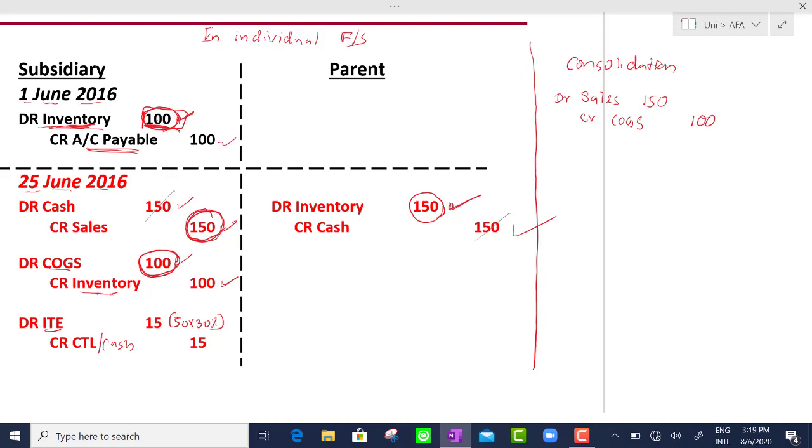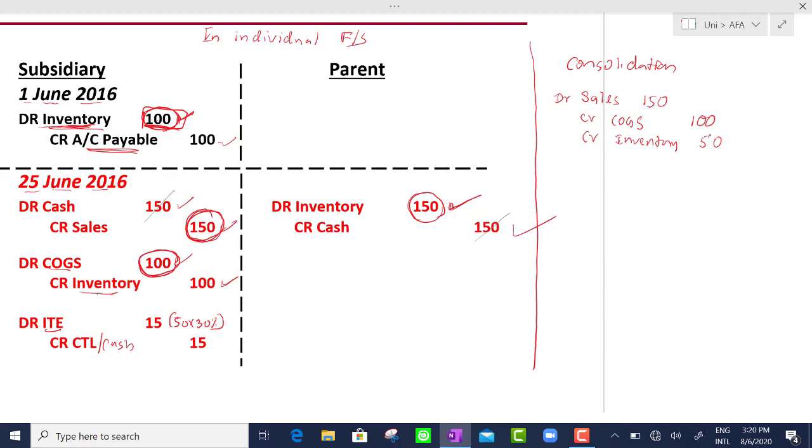Therefore, because of this 50 unrealized profit, the inventory balance of the parent company has been overstated by 50. So we have to remove it. එතකොට inventory account එක වැඩිපුර debit වෙලා තියෙන්නේ. එහෙනම් credit කරනවා inventory. Inventory account credit 50. So this adjustment is needed.